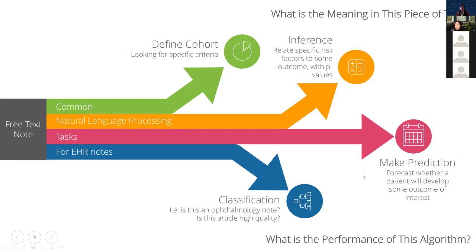But the bottom two focus on making an algorithm that performs really well, like, makes a prediction that's accurate. So to some degree, for these two, if you're using natural language processing, the algorithm doesn't necessarily need to figure out exactly what every word means in the note, so long as the final algorithm is accurate. So there's two different ways of looking at things.